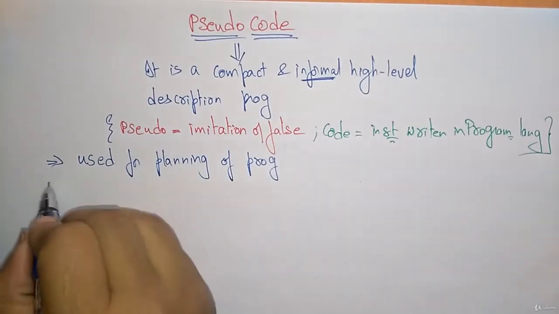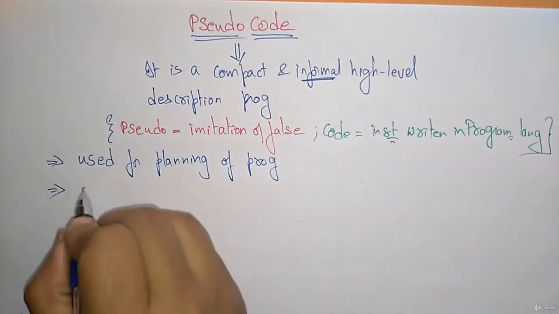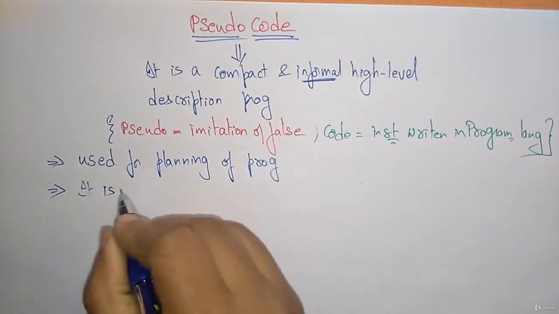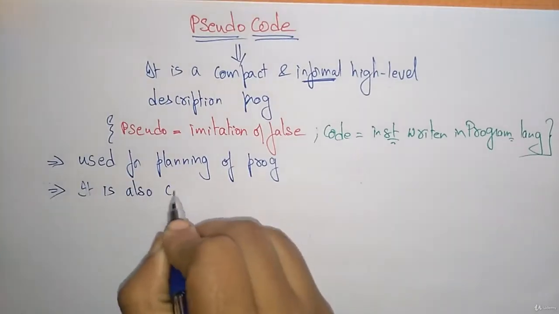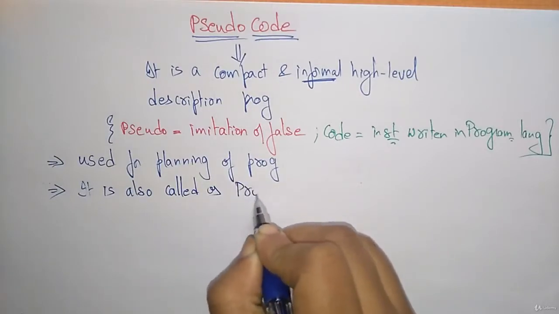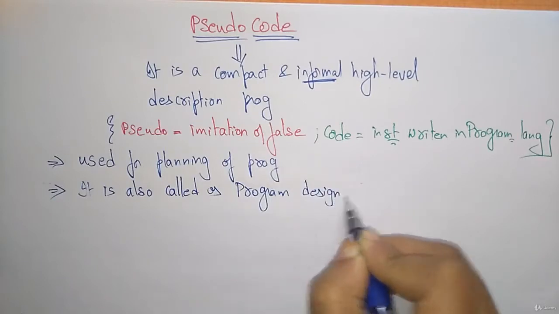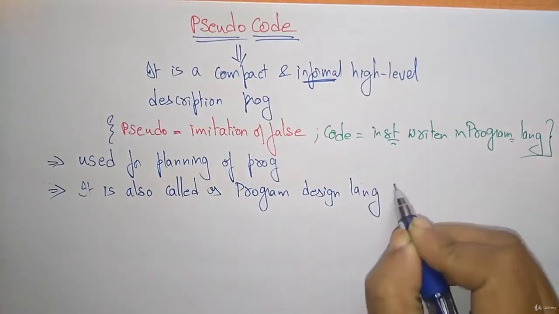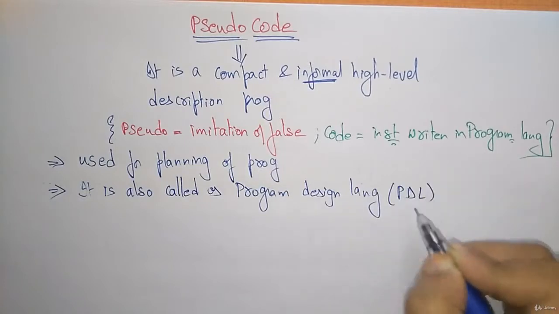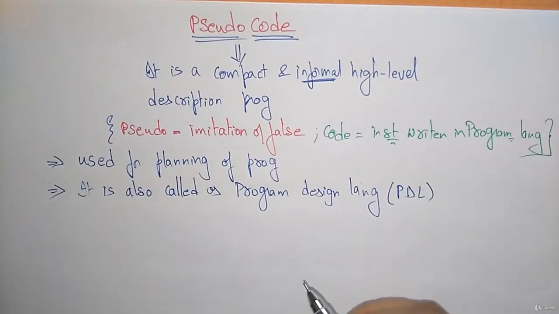It is used for planning of a program. Pseudocode is also called program design language, PDL. So pseudocode is also called program design language.